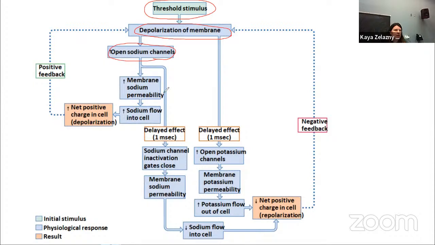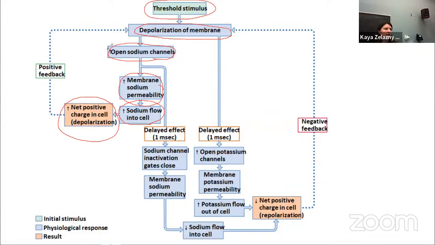We have increased the permeability to sodium, so sodium follows that driving force and flows into the cell. The effect on this patch of membrane is that we are increasing the membrane potential because we're moving positive charges in. This is the depolarization phase. We have a net positive charge. That's our first piece that is happening.